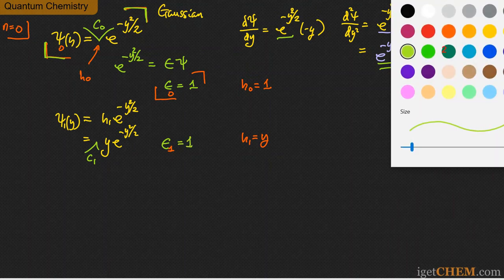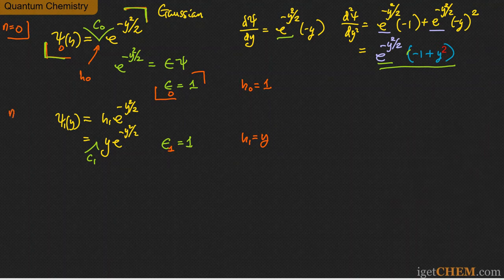So I can now call that the second solution, n equals 1. The n equals 1 solution gives me the second wave function. The eigenenergy corresponding to that is 3, and the eigenfunction is y times a Gaussian.